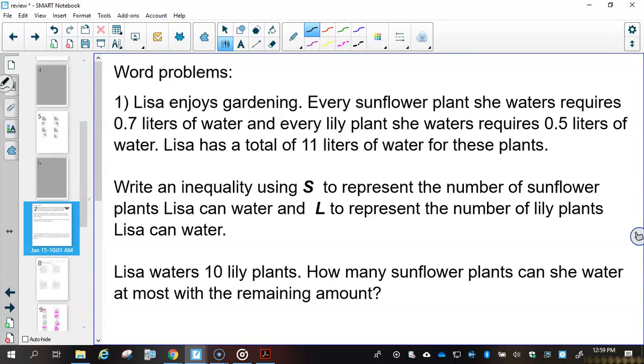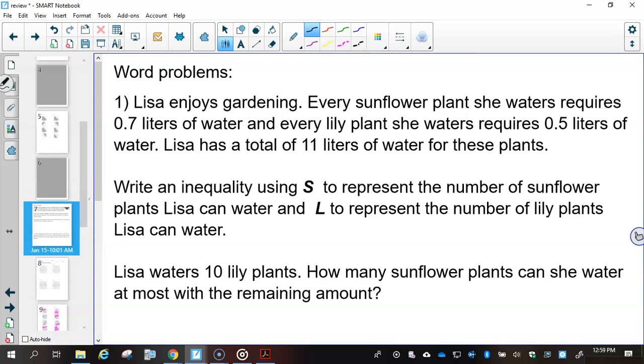Eyes and ears up here. Alright, so we are going to go through this one. The second one we've done together already, but we'll still go through it. Read this with me either on your paper or up here silently. Lisa enjoys gardening.